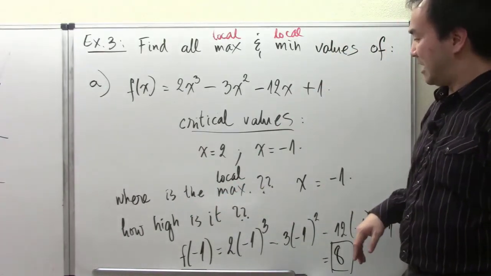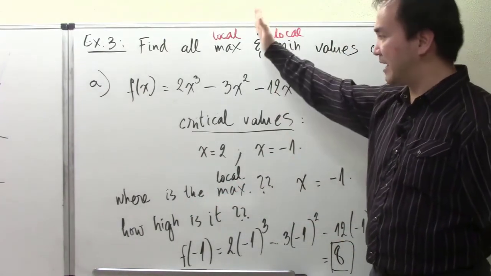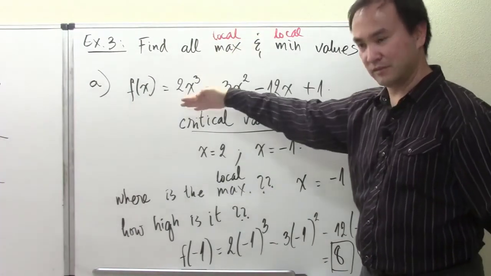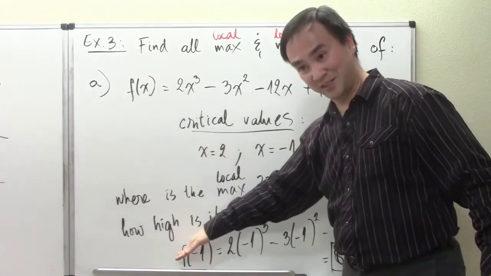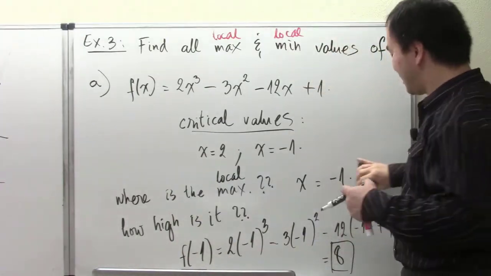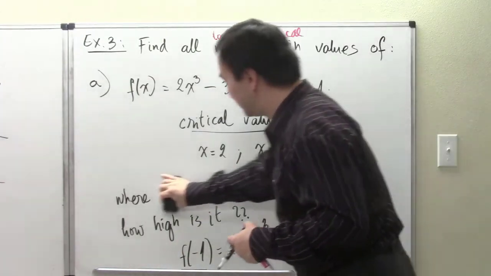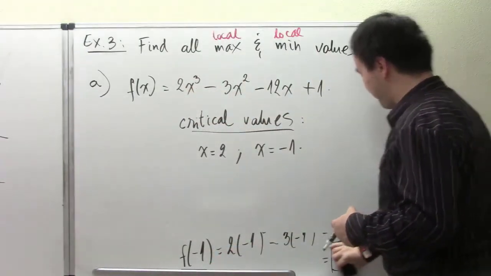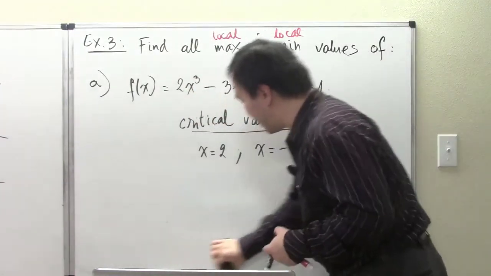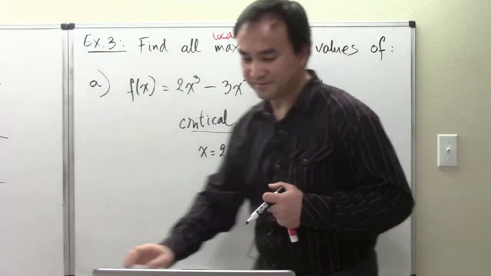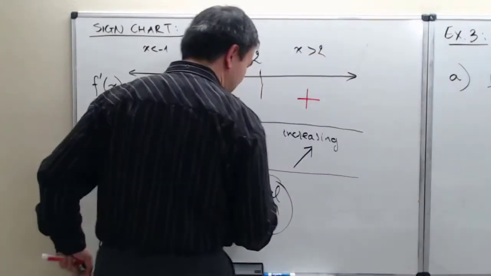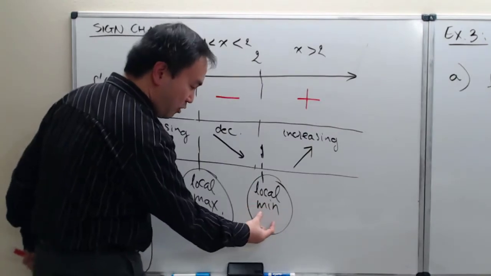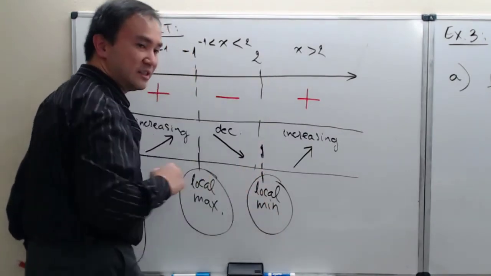Okay. So now we only answered half of our question here. Each half of the question has 2 subparts, right? But now I'm gonna move on to the other one. So this is now about the minimum. So back on the sign chart, we already decided that we had a local minimum at x equals 2 right here.